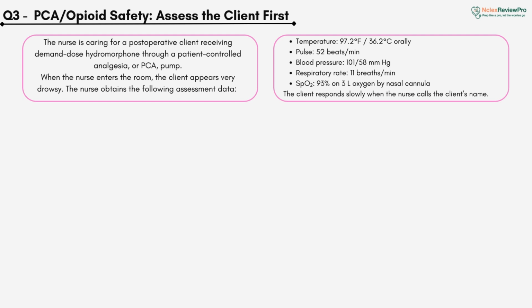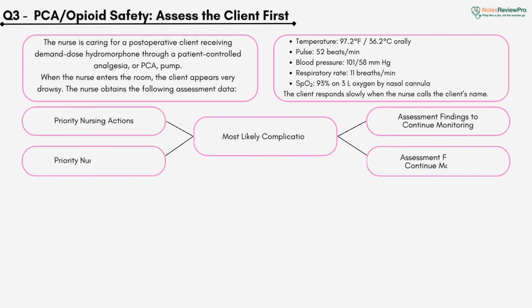The nurse obtains the following assessment data: temperature 97.2 degrees Fahrenheit or 36.2 degrees Celsius orally, pulse 52 beats per minute, blood pressure 101/58 millimeters of mercury, respiratory rate 11 breaths per minute, SpO2 93% on 3 liters of oxygen by nasal cannula. The client responds slowly when the nurse calls the client's name.